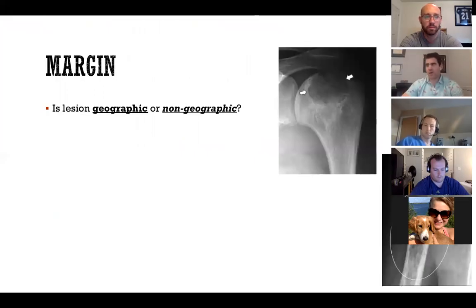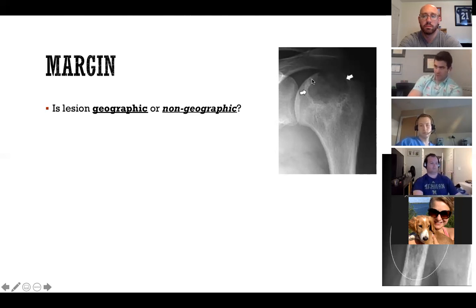The other thing we talk about is the geographic nature of the region. We talked about zones of transition, and we'll have some pictures later. I think I switched the slides here. But looking at a lesion, is it geographic or non-geographic? Meaning, can you find it in a well-defined region, or does it look like the tumor is spread out all through the bone? If you look at the upper picture, this is more of a geographic lesion, where you can see this circular area.